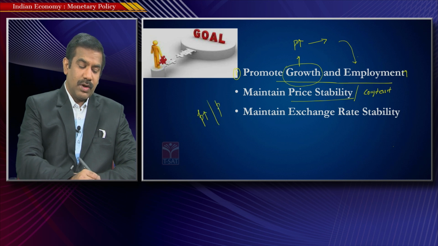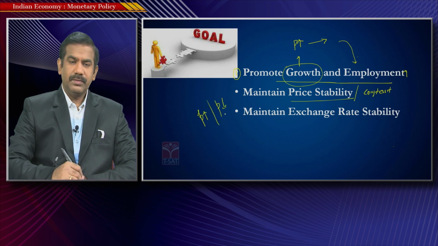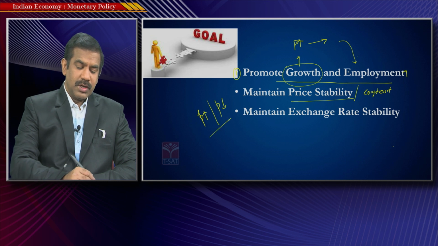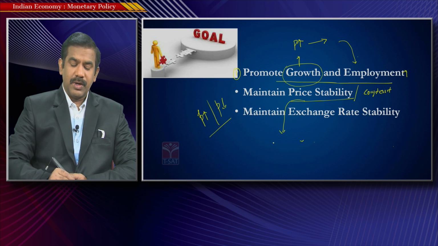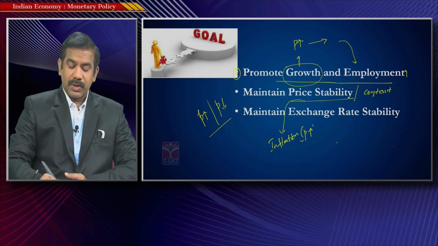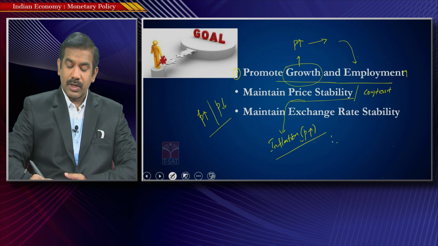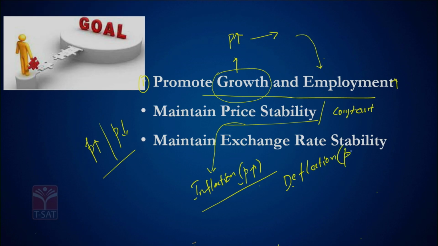In simple terms, maintaining price stability means RBI tries to contain the phenomenon of inflation, which we have already seen is a rise in prices. At the same time, RBI also tries to contain the phenomenon of deflation, that is, a fall in prices. So, RBI ensures that prices neither rise steeply nor fall steeply in a very short span of time.